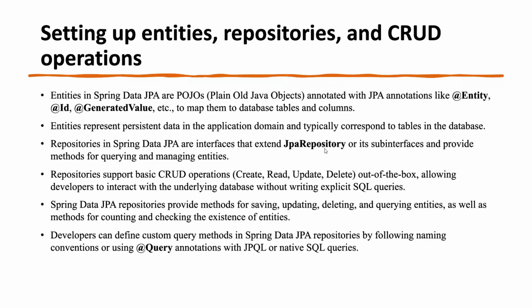These are the entities, like the ID and generated value. These things are mostly seen in the model section, like the getter setter section. Means in the object creating page, these types of things are present, like the entities, ID, generated value. It is used to represent persistent data in the application domain and typically corresponds to tables in the database.